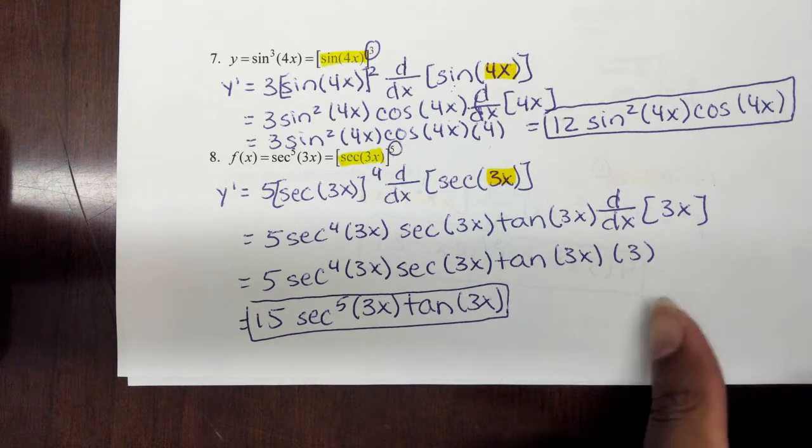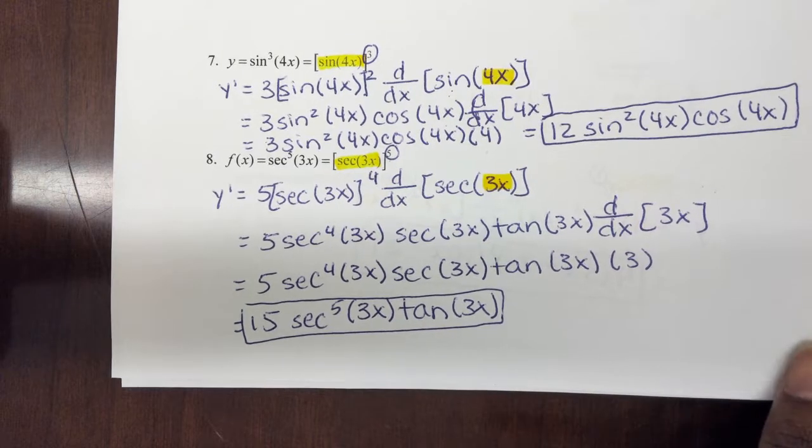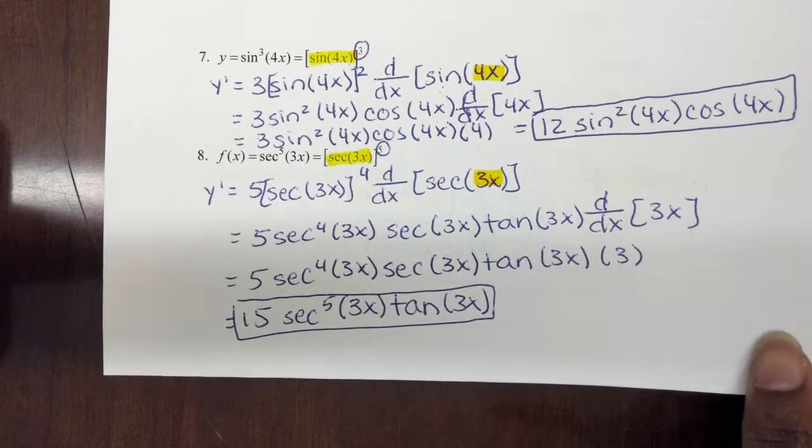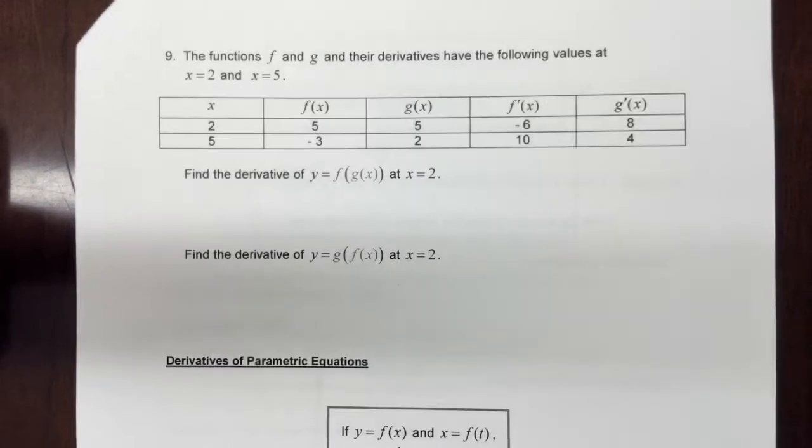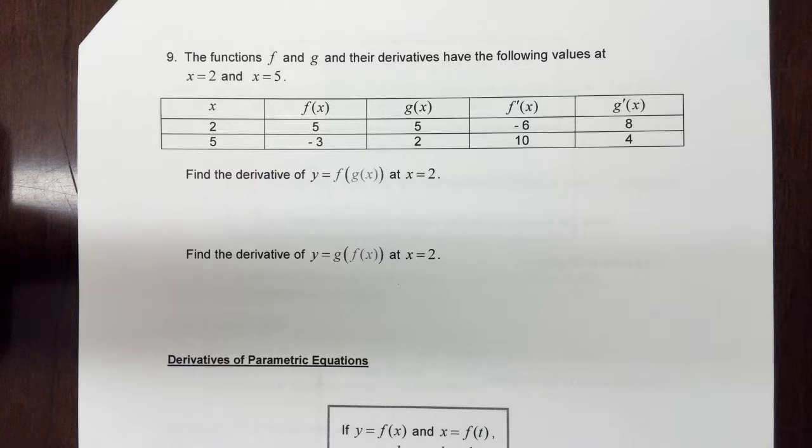Okay, so now let's look at what about when we are given a table of values and we want to find the derivative using chain rule. So functions f and g and their derivatives are given the following values: x equals 2 and x equals 5 are also given for those functions and the derivatives.